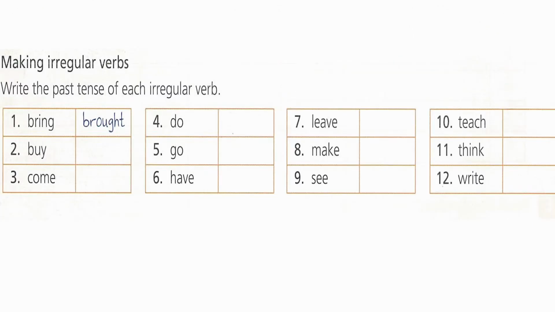Now let's go to some grammar and let's learn how to make the irregular verbs. You will see some boxes on the screen in which we have some verbs that we need to use in the past. Like, for example, bring, brought. Buy, bought. Come, came.